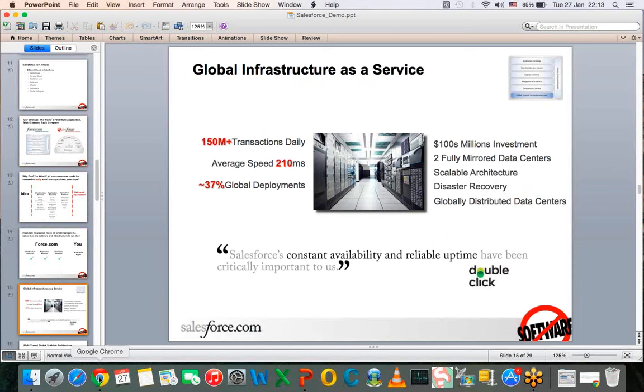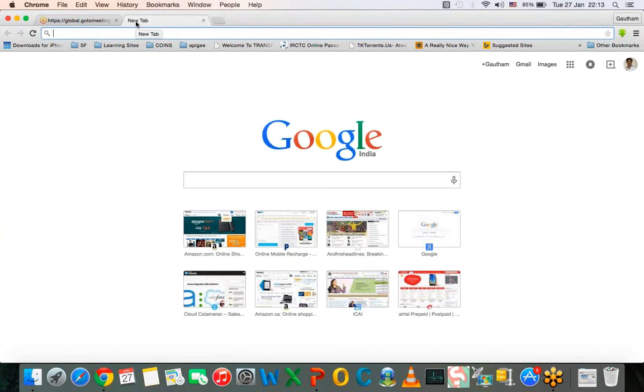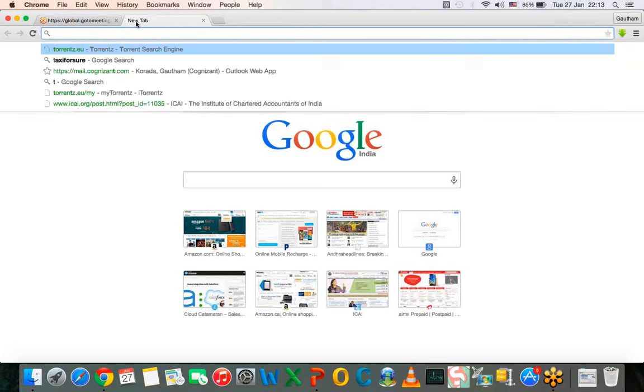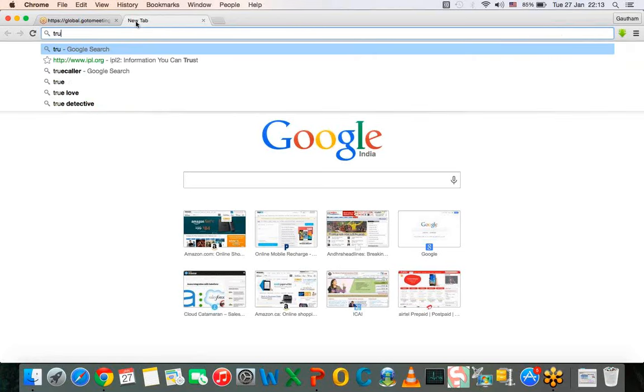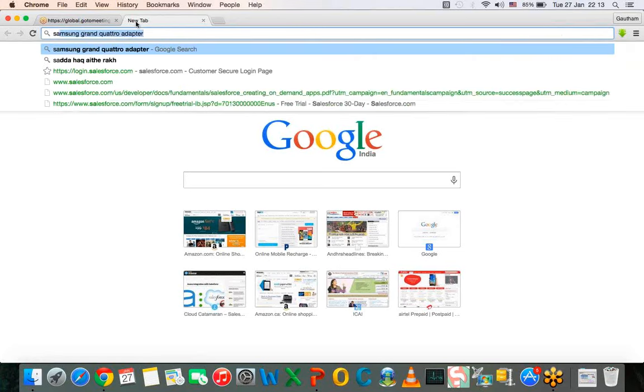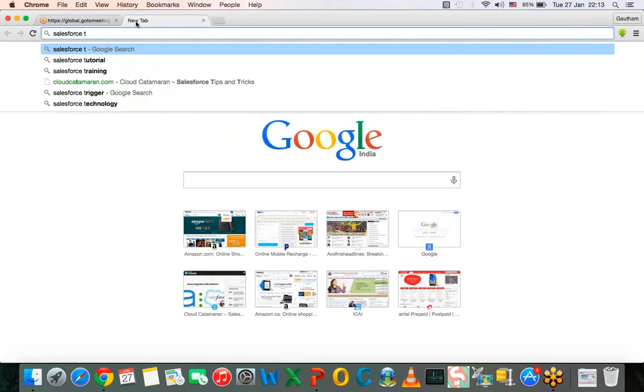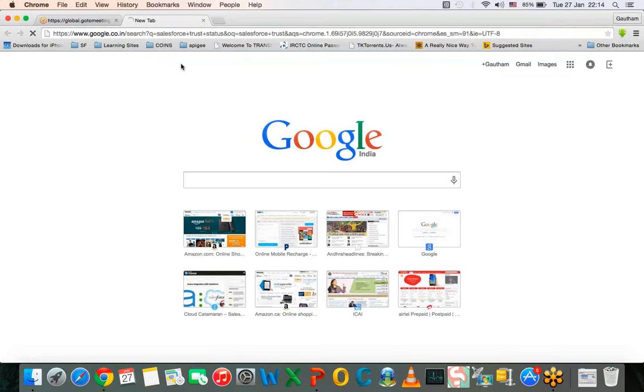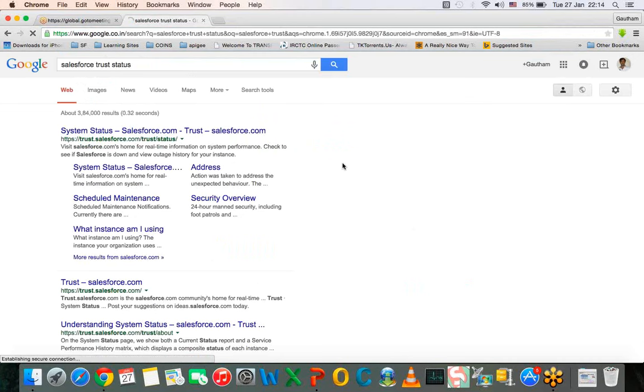If you want to know the current transaction details and everything, you have something called trust.salesforce.com.